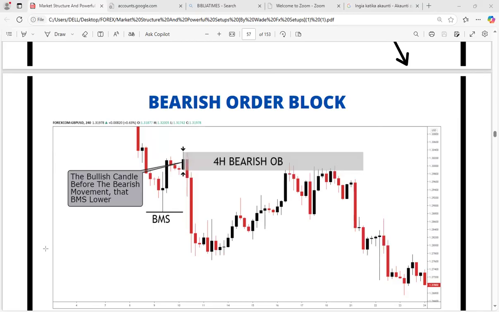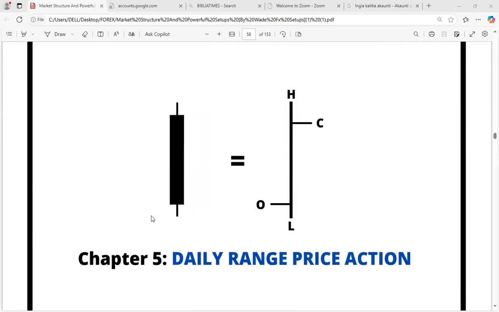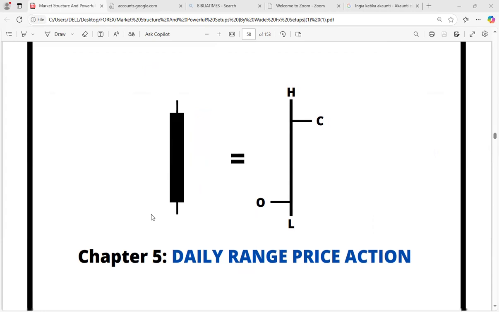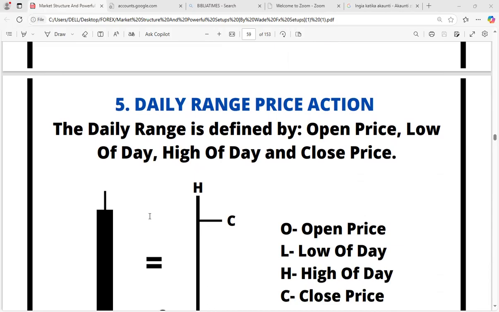So let's go to another point here. I'm showing you one of the demonstrations. This is the opening price O, then C, that is the closing price that I was showing you there. Then we have high and we have low. So this is what I have demonstrated above. Daily range price action is a type of price action that you have to know, the daily range.